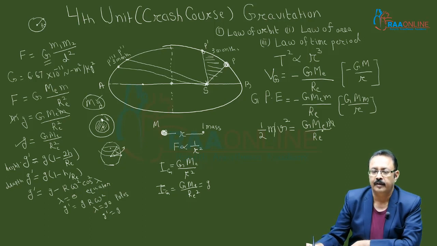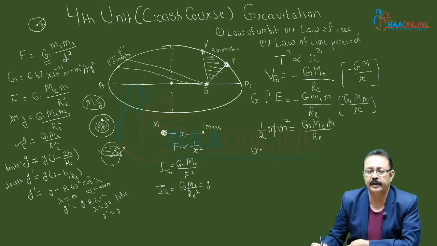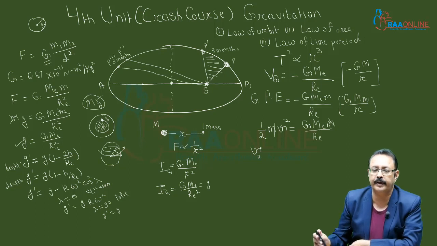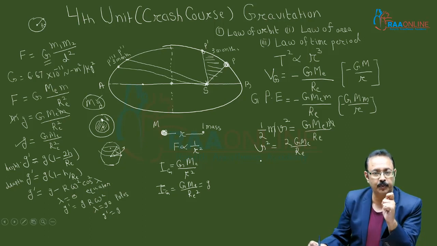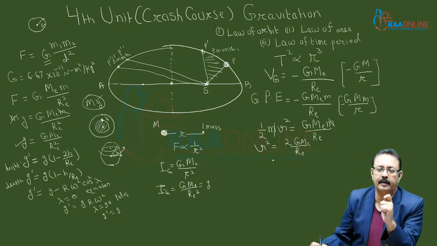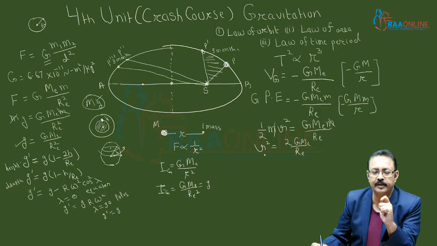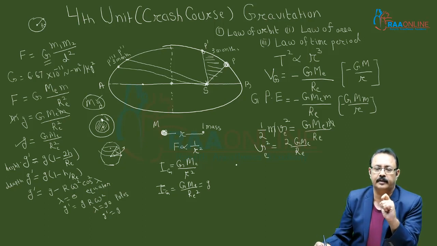It means you are throwing the stone, and its velocity should be of this range, root of 2 G Me upon Re. Since now your stone is able to escape the Earth, we will say this velocity is the escape velocity from the surface of Earth.